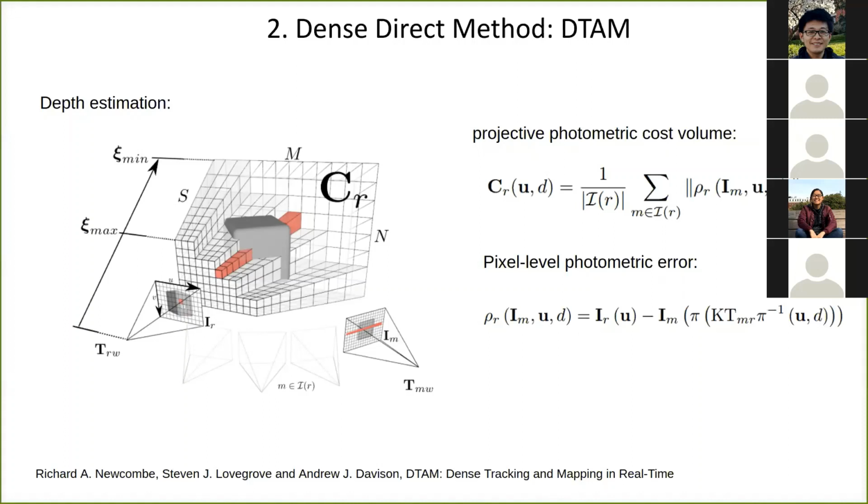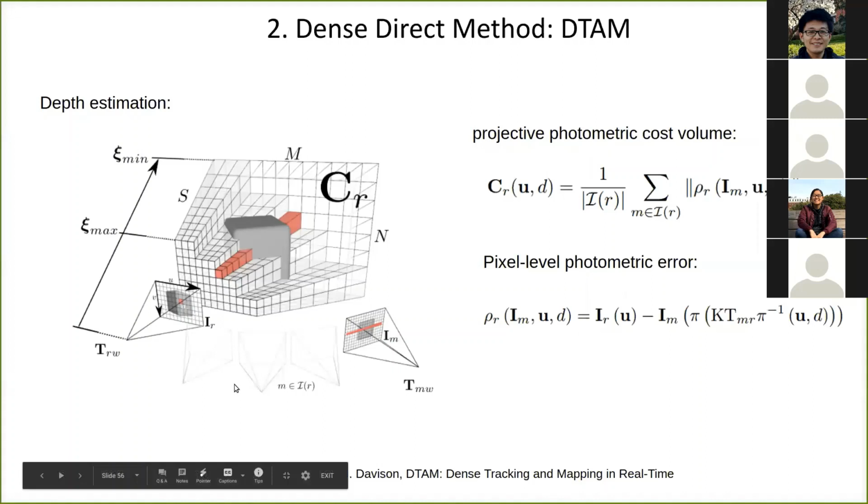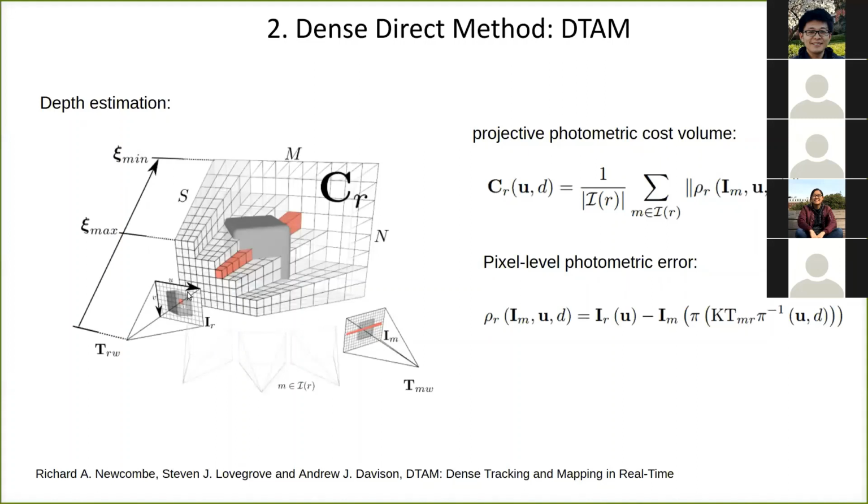We can warp the point from one view to another, and then we form the photometric loss, and then combine all of this photometric loss of different frames. Sum them together, and you get the per pixel cost volume shown here. By minimizing this photometric loss, the cost volume, we can further estimate the depth.